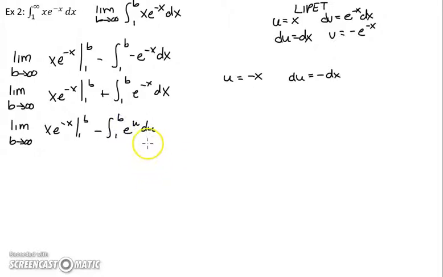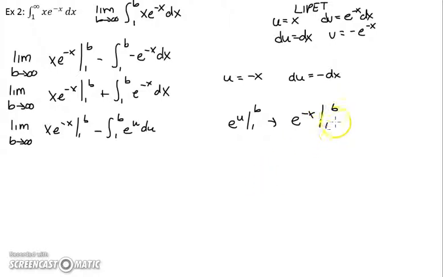And here's how we're going to cheat. We're not going to find new limits of integration. Normally we would, but now we have a variable and it's going to get really messy if we do it that way. We take the integral of e to the u, which is just e to the u. Instead of evaluating e to the u from 1 to b, where u is a u value and 1 and b are x values, we're going to go back to the negative x.